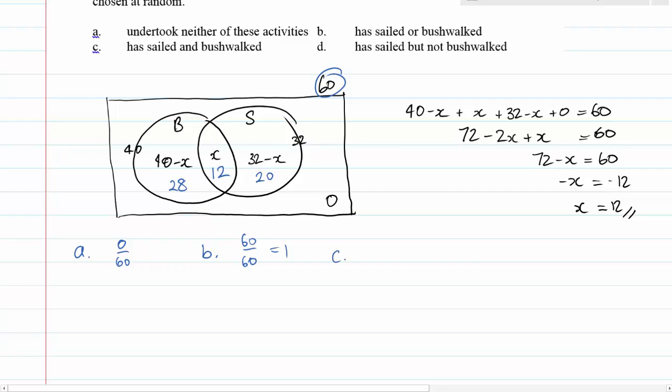C: has sailed and bushwalked, so that's both. 12 out of 60, which is 1/5. And D: has sailed but not bushwalked. So 20 students sailed but didn't bushwalk, so it's 20 out of 60, which equals 1/3.